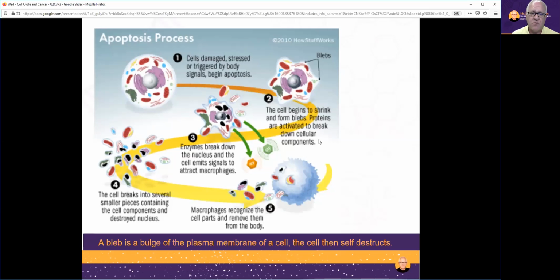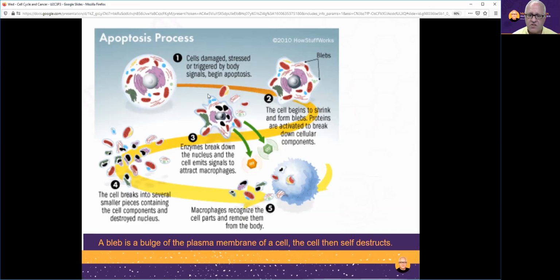Let's take a look at that routine. If we look here at our illustration, we have the cell, and the cells are damaged or distressed or triggered by body signals that begin apoptosis. The cell begins to shrink and form what are known as blebs. Blebs are a bulge in the plasma membrane of a cell. And then the cell starts to self-destruct.